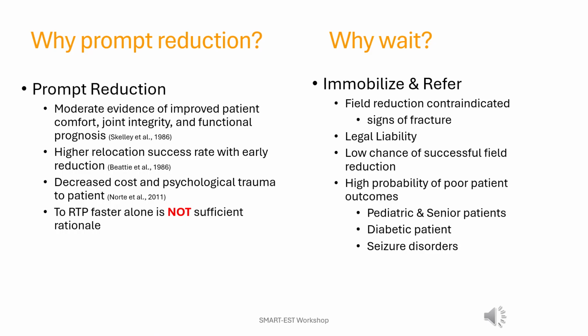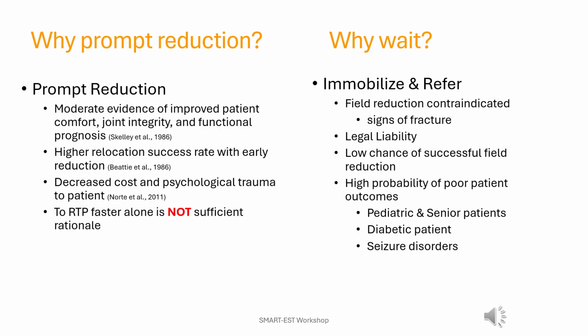So, why prompt reduction as opposed to why we would wait? First of all, prompt reduction, there is moderate evidence to support that it does improve patient comfort, improves joint integrity, and the follow-up functional prognosis for the patient. There's a higher relocation success rate with earlier reduction.